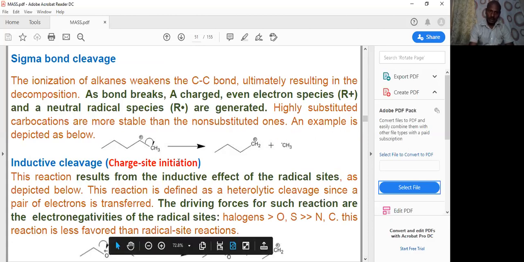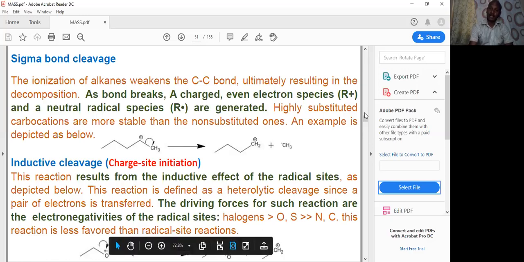So that is charge site initiation. That is the difference, and it happens because of the presence of oxygen, sulfur and nitrogen, and because of the inductive effect. Both electrons move from here, and you have the formation of a charged fragment, and this is the radical ion.